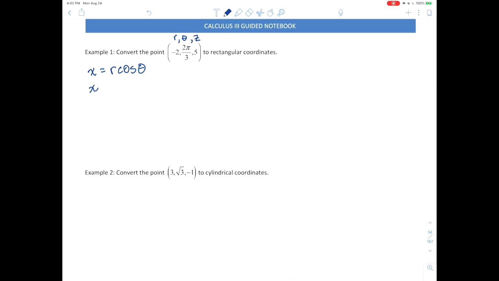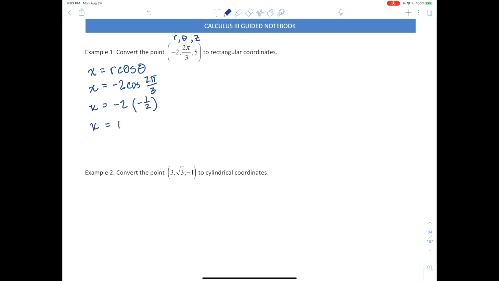So we have x would be -2 times cosine of 2 pi over 3. So x is going to be -2 cosine 2 pi over 3, I think is -1/2. And so x is equal to 1.